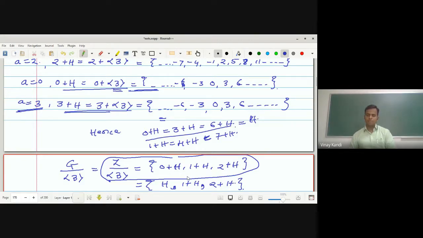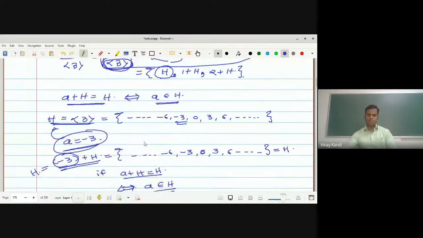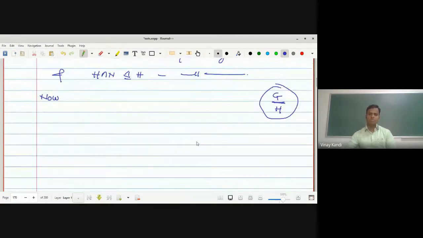It is 0 plus H, and 0 plus H is nothing but H, the subgroup generated by 3. That is, the denominator is the identity of this quotient group. For every quotient group, whatever the denominator, the normal subgroup H, will be the identity of G by H.